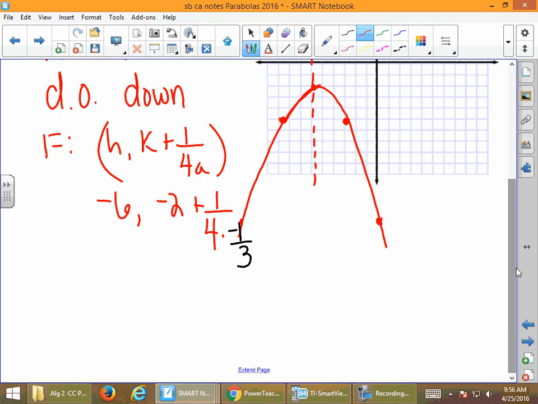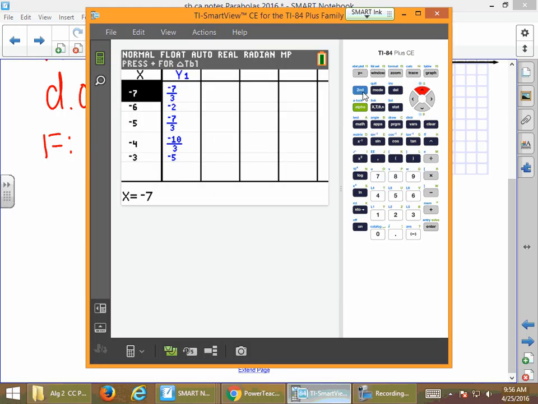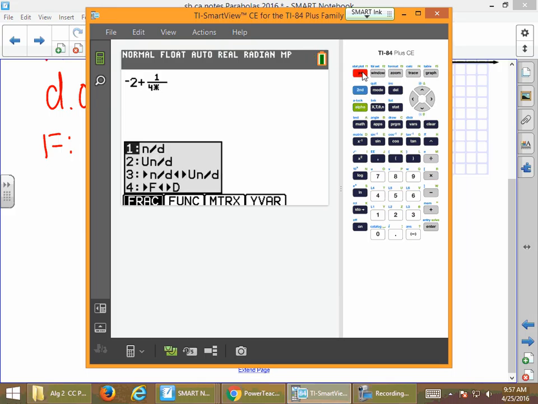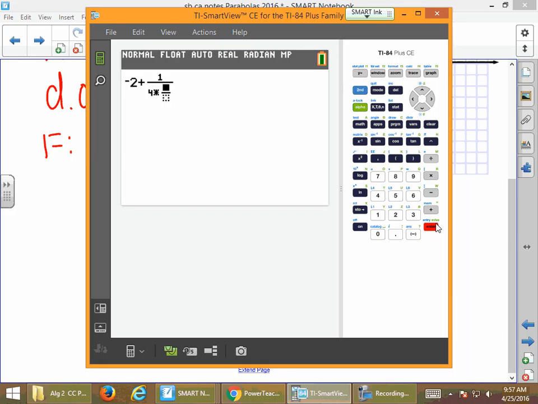When we type this in, which you know is easier said than done for me, it's going to be negative 2 plus 1 over 4 times alpha of y equals negative 1/3.